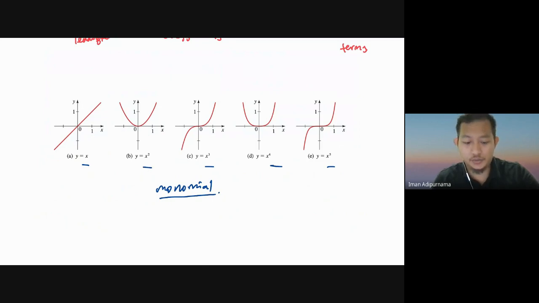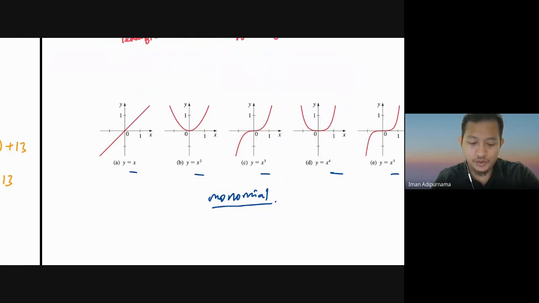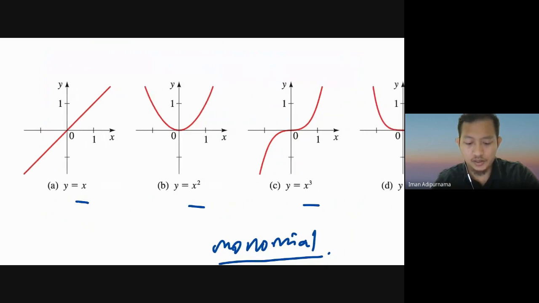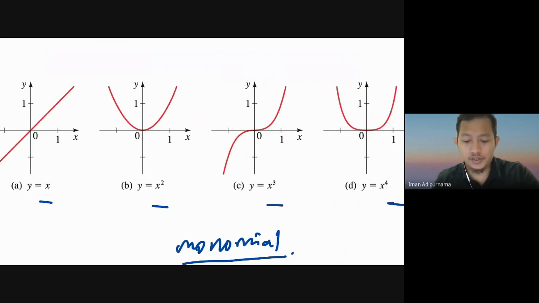It's just x squared, x cubed, x to the 4, x to the 5, or we can say all are monomials, and they are all basic functions. So if we look here, we start from linear functions and then quadratic, and then the cubic functions here.